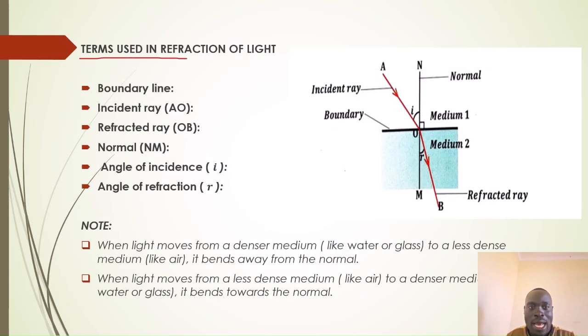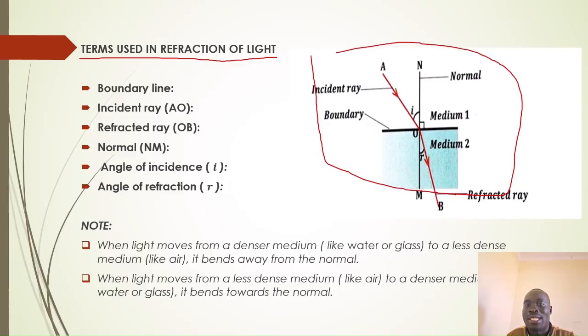Again, let's look at the terms used in refraction of light. If you consider this ray diagram, you shall see the boundary line. This is the line that separates the two materials or media where refraction happens.